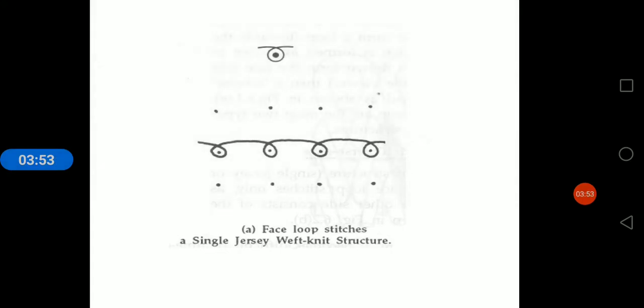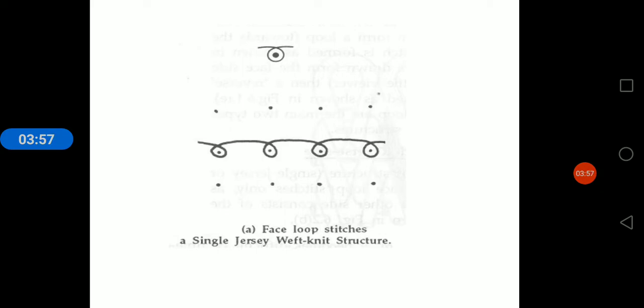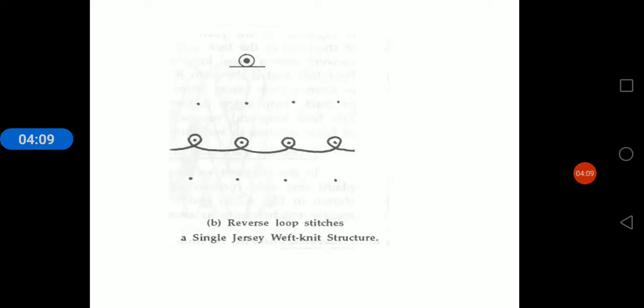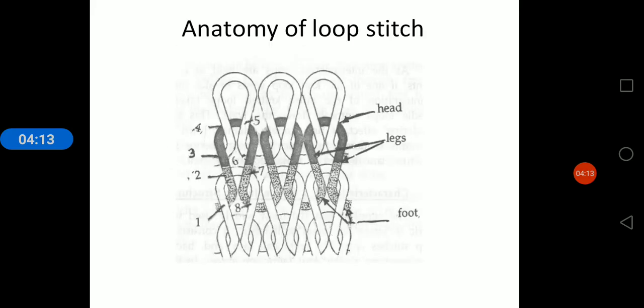This is a diagrammatic representation of the loop face. It is a face and it is a back side. For the face, a line is drawn from the dot on the top, and another line downwards is called the back. This is the representation of the face and back loops.